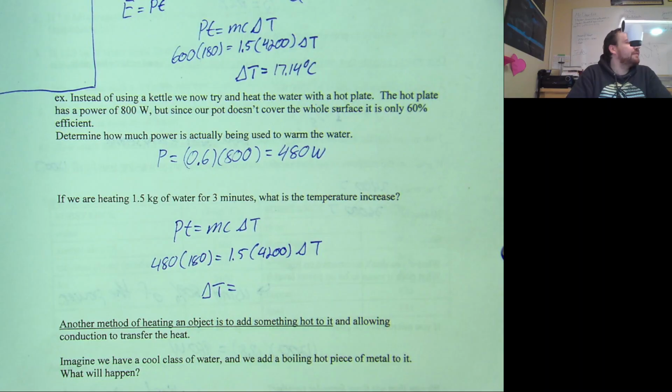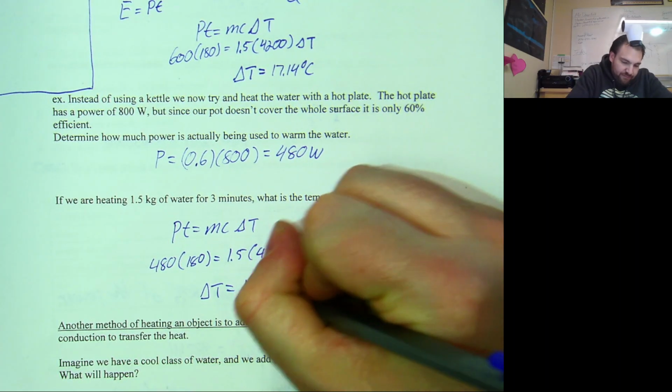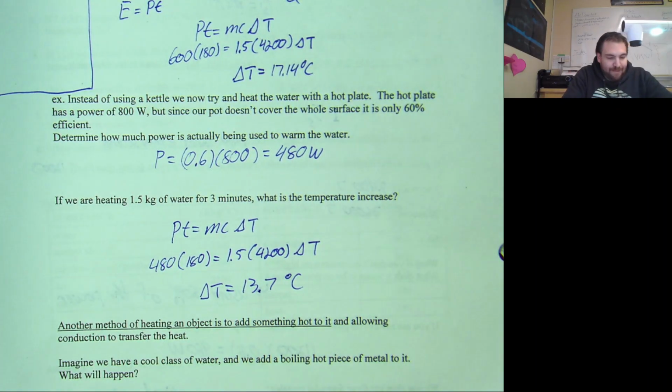We just broke 2 minutes. Okay. 2 minutes, 15 seconds. Okay. What's the temperature change now if we're using an 800 watt hot plate that's 60% efficient? 13.7. Love it. Degrees Celsius.